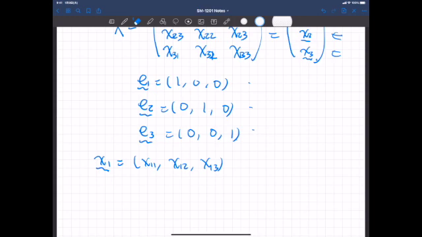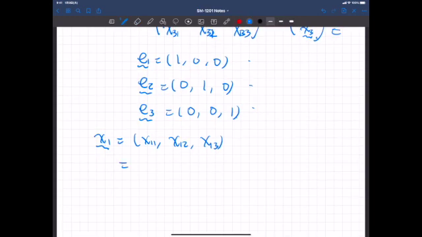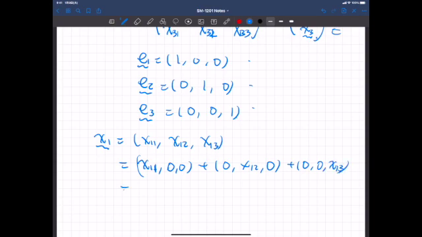So that is x11, 0, 0, plus 0, x12, 0, plus 0, 0, x13. That is x11 times e1 plus x12 times e2 vector and x13 times e3 vector.